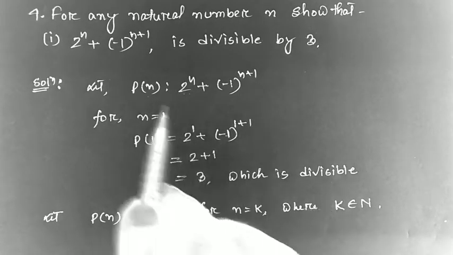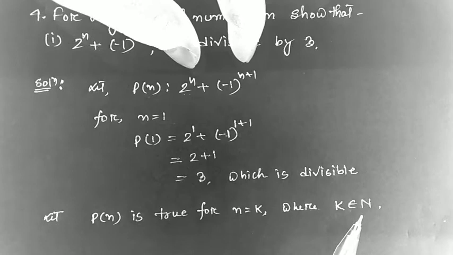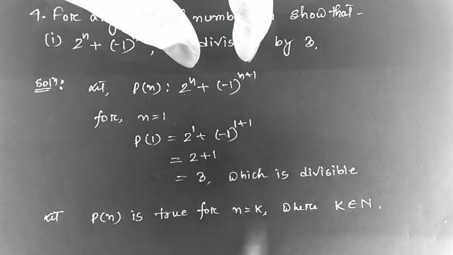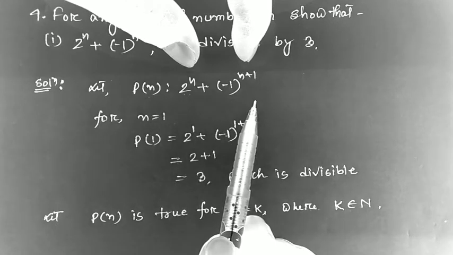If Pn is true for k, then this expression must be divisible by 3 when we put k. Since we have assumed Pn is true for k, the given statement will be divisible by 3.